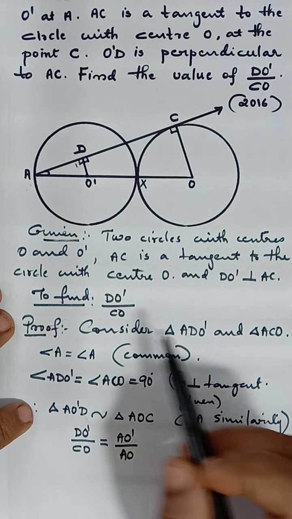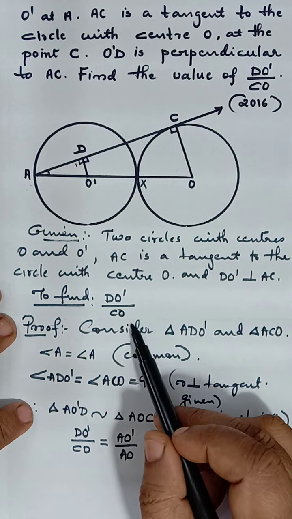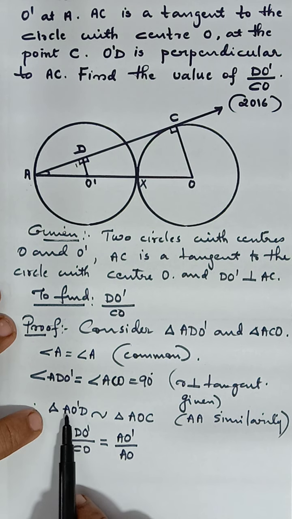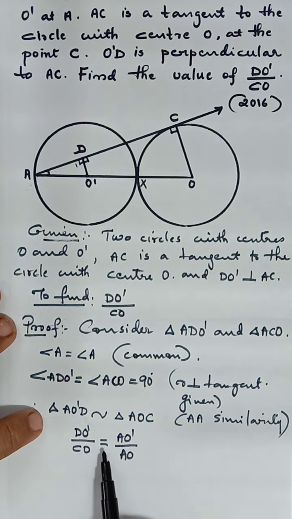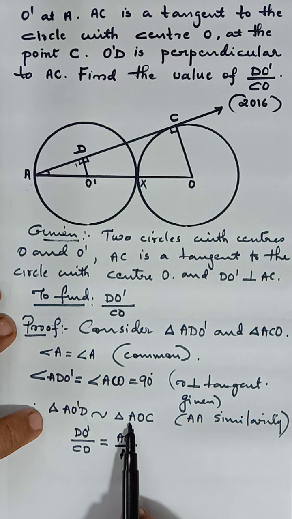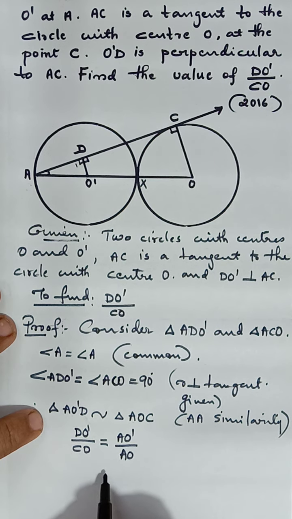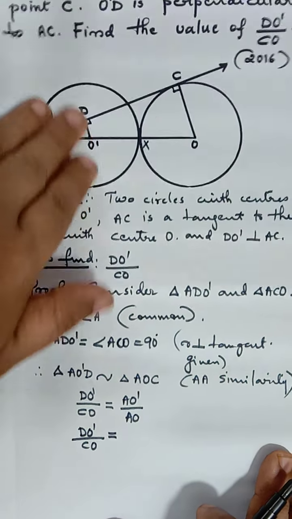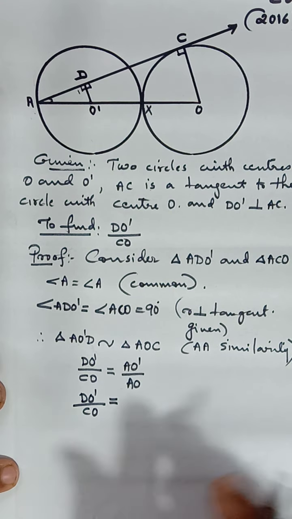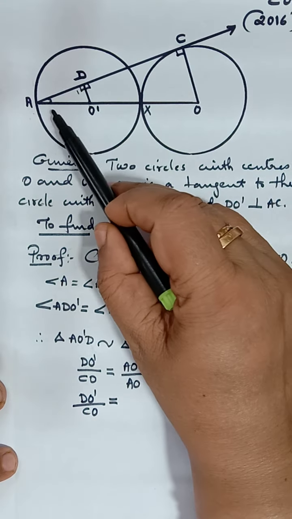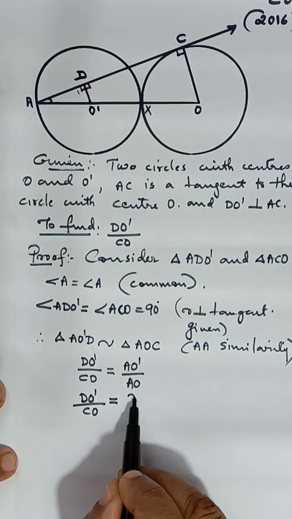Okay, so what is to be written? DO dash by CO is equal to AO dash by AO. That's the ratio we are taking. What is AO dash? Isn't it radius R?